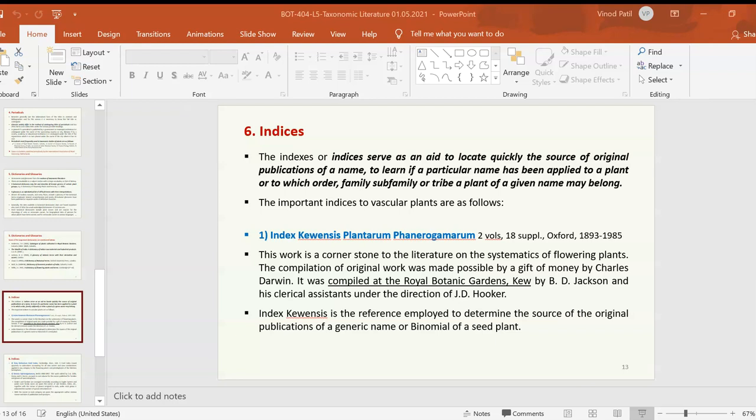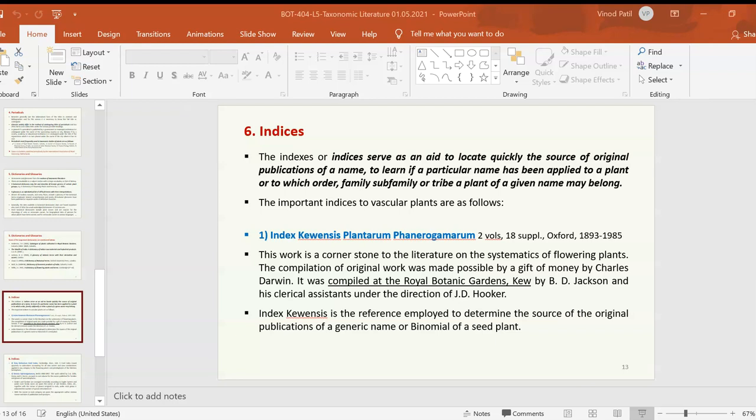You know, Charles Darwin gifted a handsome amount of money to the society, and it was compiled at the Royal Botanic Gardens, Kew, by Jackson and his clerical assistants under the direction of J.D. Hooker. So it's an index only.